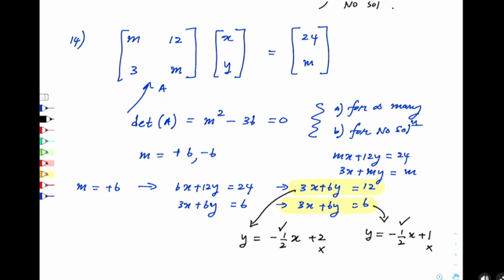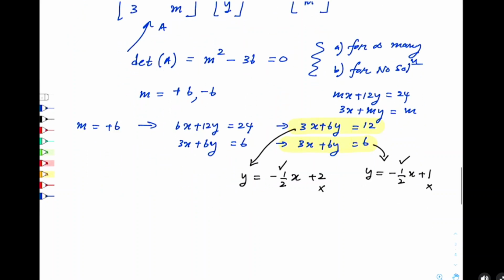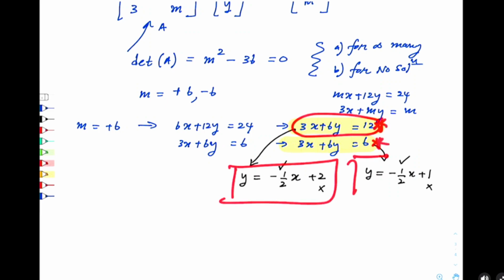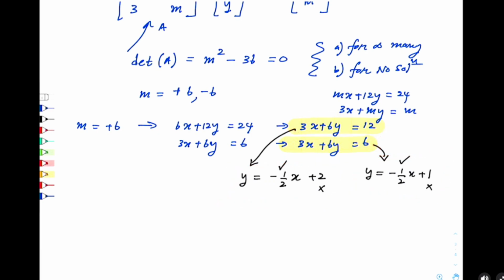So what I was saying here, by looking at this, you can see 12, you can see 6 here, so you don't have to do this drama, because anyway you understand your gradient would be rise over run, right?